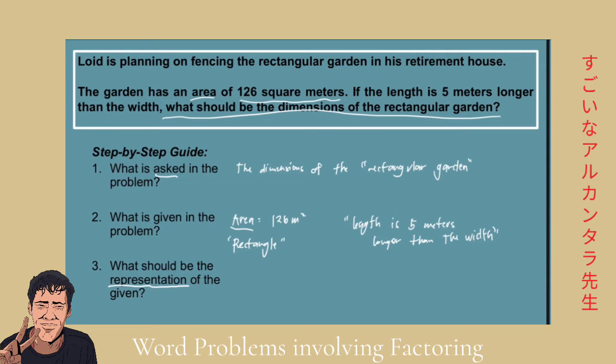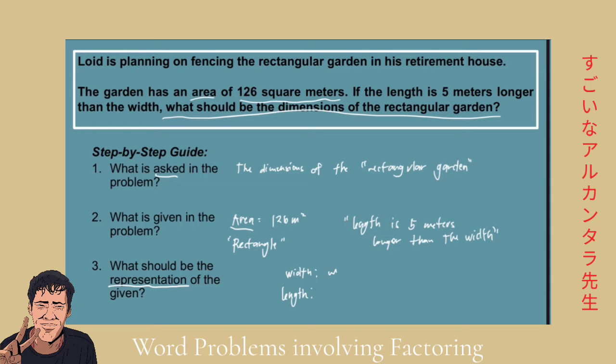So to make this simpler, let's say we have the width and the length of the given garden. Based on this, I can say that the width is dub, or W. As the kids say, it's dub, right? That's how they say it now. But let's say we have W as the width. But for the length, should we use letter L? No. Why shouldn't we use letter L?